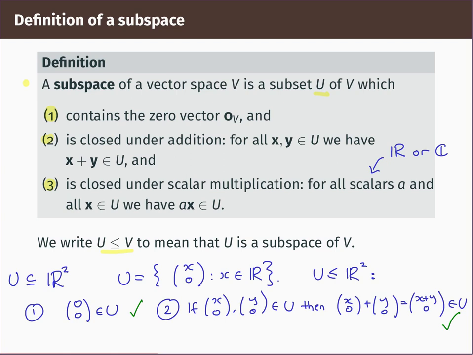So finally, let's look at the third subspace condition. I have to show that U is closed under scalar multiplication. So I pick an arbitrary element of U, which I know I can write as (x, 0) for some real number x, and I pick a scalar. Now here we're talking about a real vector space, the real vector space R squared, so I should pick a real number scalar.